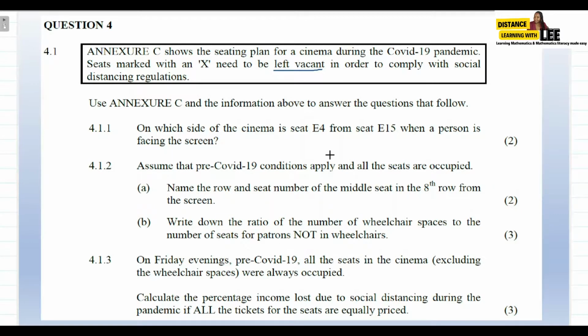Where is this person seated? If they say from seat E15, it means that our starting point, or our point of reference, is E15. And from E15, you want to determine which side of the cinema E4 is on.